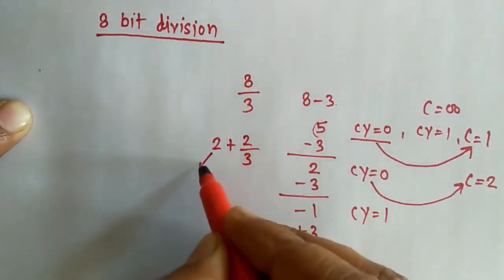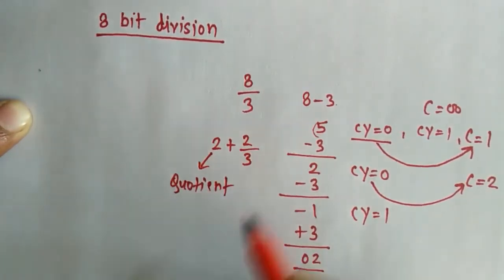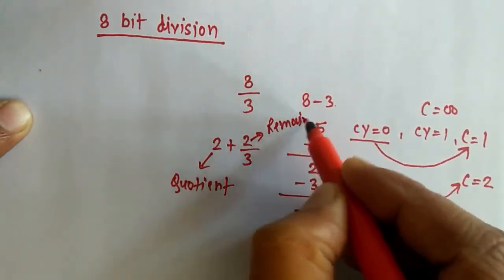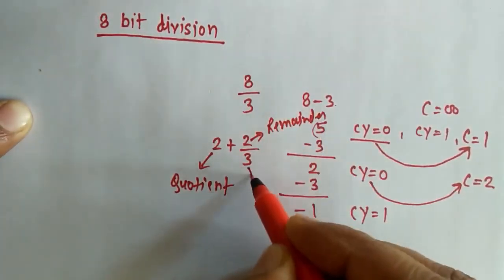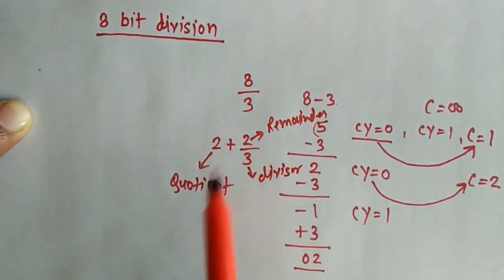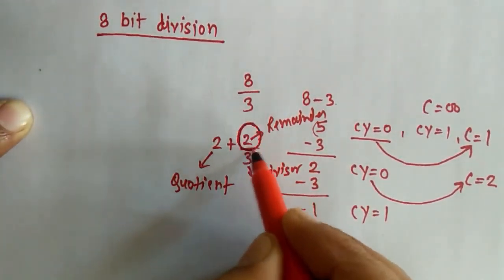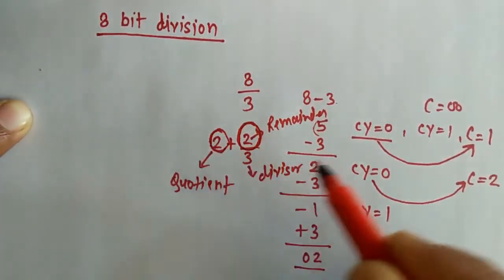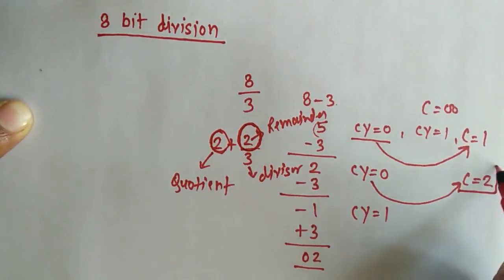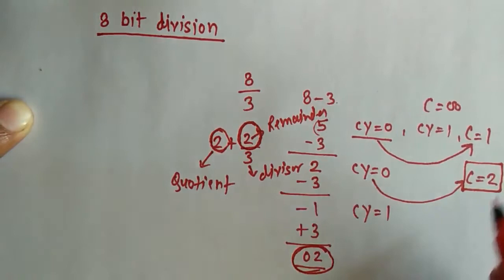Here this term is the quotient, this term is the remainder, and this term is your divisor, as you already know. So in our answer we will be using two numbers: one will be the remainder and the second will be the quotient. And see, here we have achieved it. In C we will have the quotient, and in the accumulator we will have the remainder.